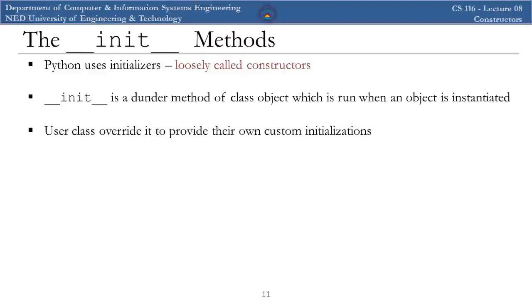And we can override this method because we are inheriting it from the object class, so we can always provide our own code that will override this method from the base class, and that's how we can provide our own custom execution for this method. Now let me show you an example on this.